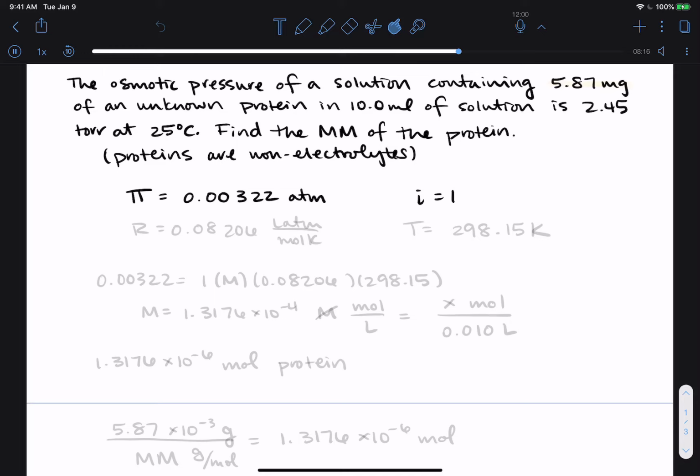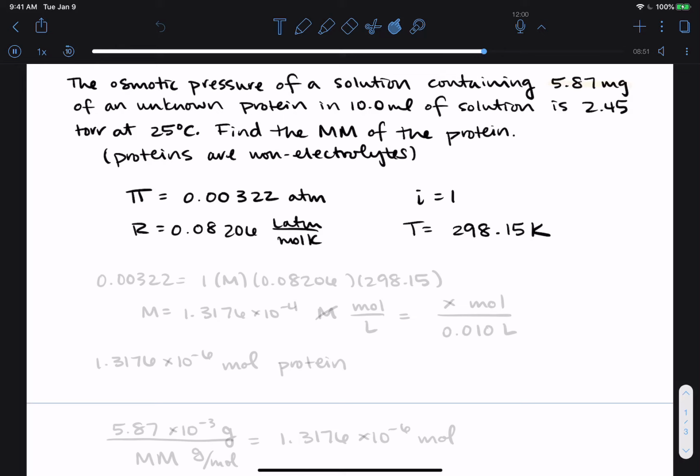We need the molar mass, but that is kind of buried underneath the molarity calculation. So let's just start by calculating the molarity and then figure out what pieces underneath we need. So we have pi, we have i, we have R, 0.08206, and the temperature, once we convert it to Kelvin, is 298.15.